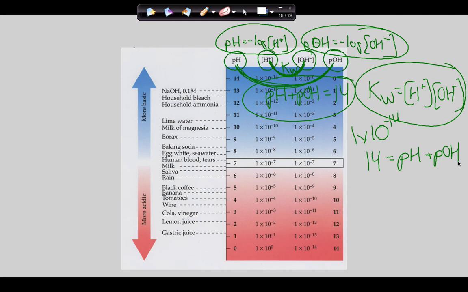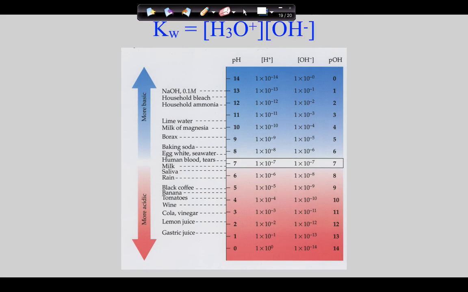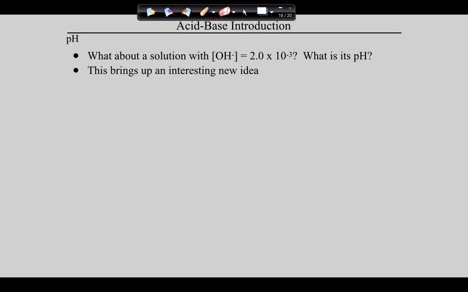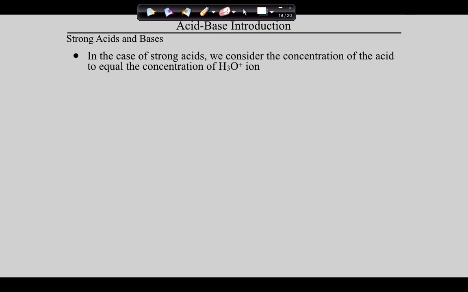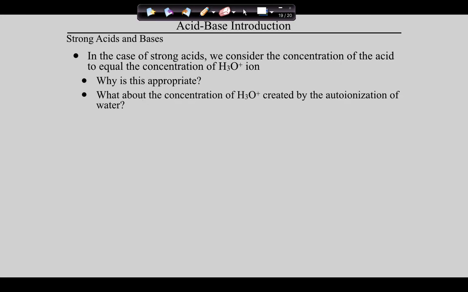Before we finish, however, there's one last thing that we need to talk about. And this is going to make great sense, but we do need to talk about it. Just read this, the very last slide. When we talk about strong acids and bases, and guys, I would encourage you to circle the word strong, what does strong mean?